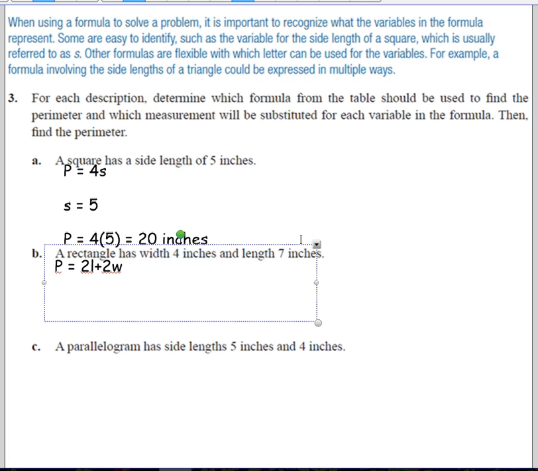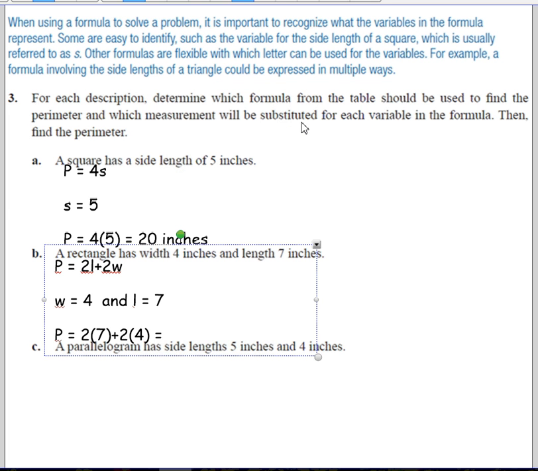The width is 4 inches, so W equals 4, and the length is 7 inches, so L equals 7. Substituting into our formula, we have P equals 2 times L, which is now 2 times 7, plus 2 times our width, which is 2 times 4.